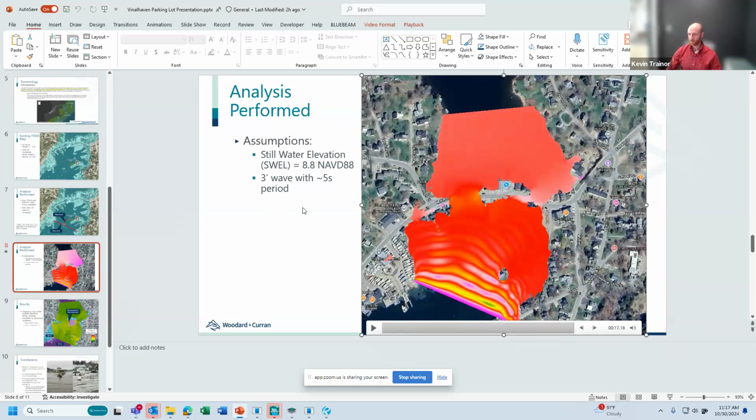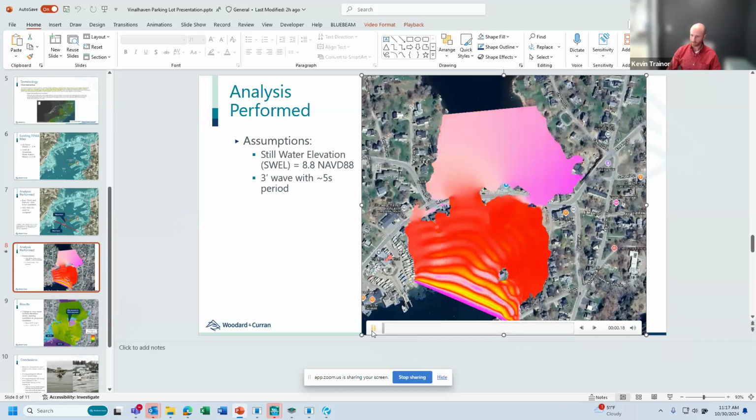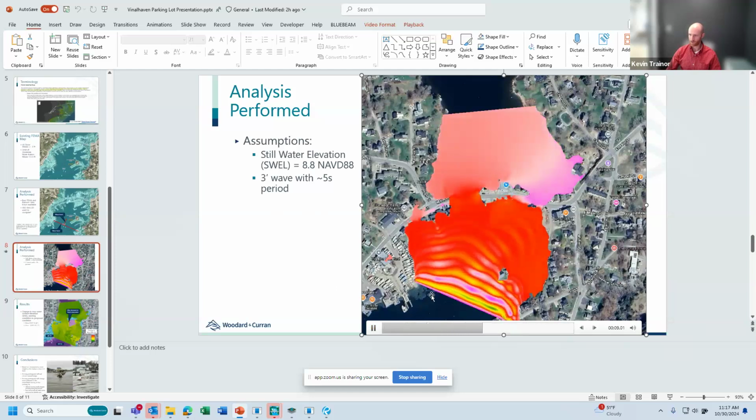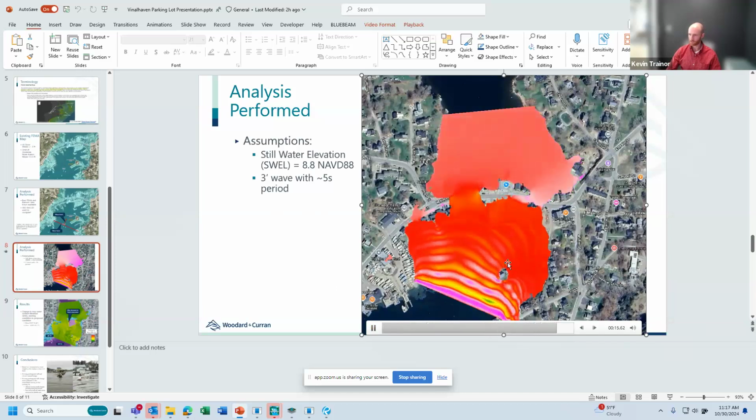And then based on how far up into the harbor we are, a 3-foot wave with a 5-second period. You can see what this model shows us is how, in this case, purple is the wave crest, so the top of the wave, and green is the lower water surface elevation. So you can see how the wave energy is dissipated and reflected throughout this immediate area.